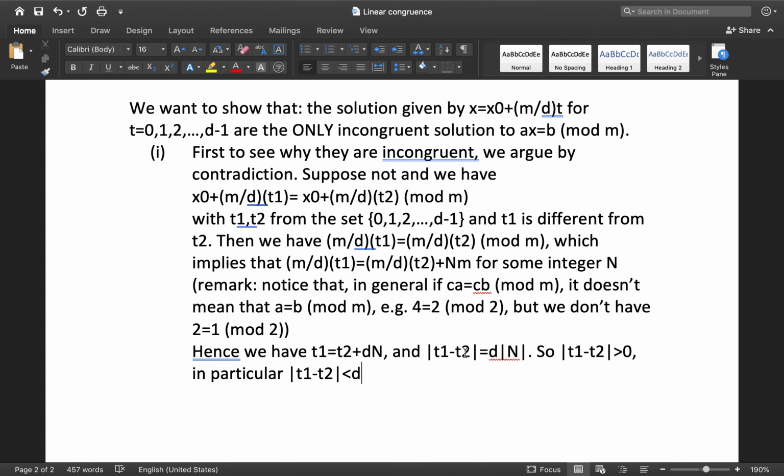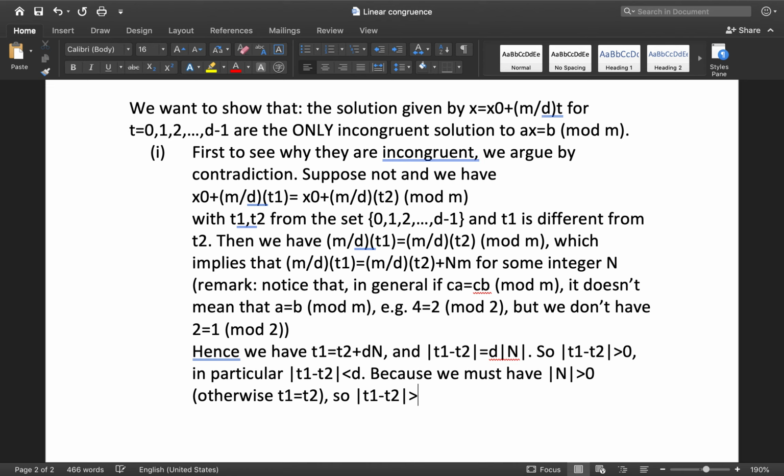Okay, so let me just make it more clear. Now, we must have n, that number, bigger than 0. Otherwise, T1 equals T2. So we have this number T1 minus T2.